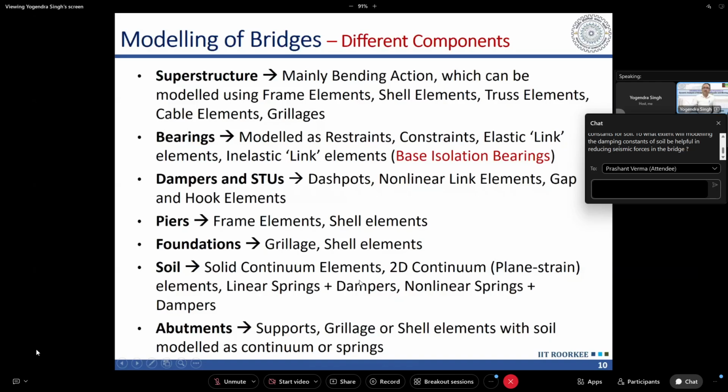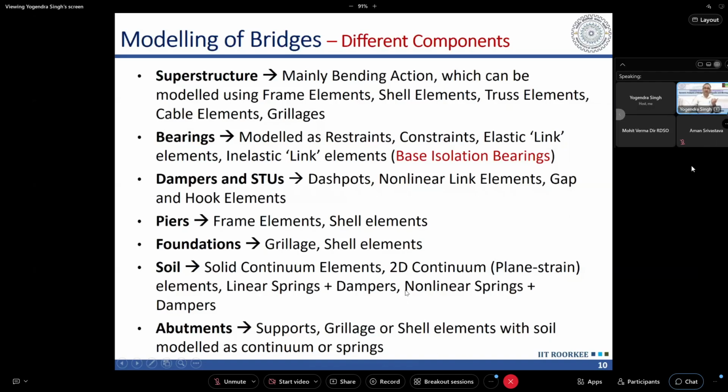Dampers are representing this because soil, when it is deforming, is also dissipating energy. So that energy dissipation we need to take into account by applying these dampers. So we can have a combination of linear springs, but behavior of soil is highly nonlinear. So in many cases we are modeling the soil using nonlinear springs plus dampers.